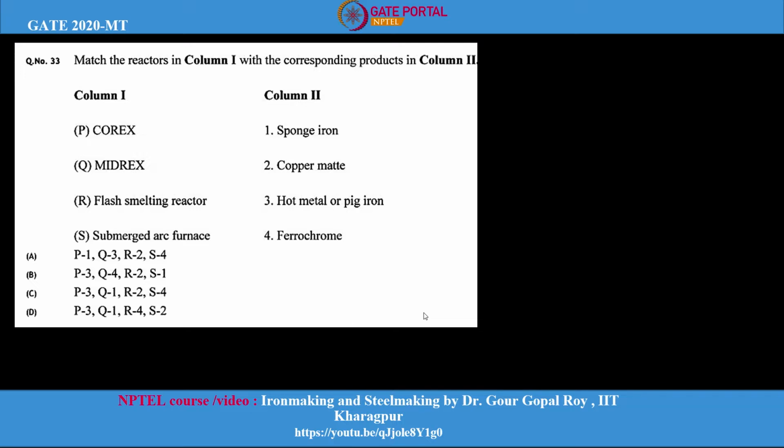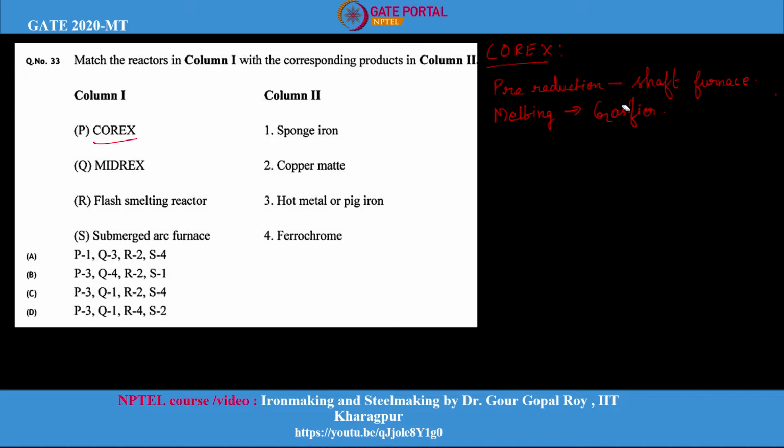So to answer the question, we will look into the reactors and the process which it used to give the end products. First, we will start off with the Corex process. Corex is a reactor which is used for the smelting reduction process, where the pre-reduction happens at the shaft furnace and melting happens in the gasifier.